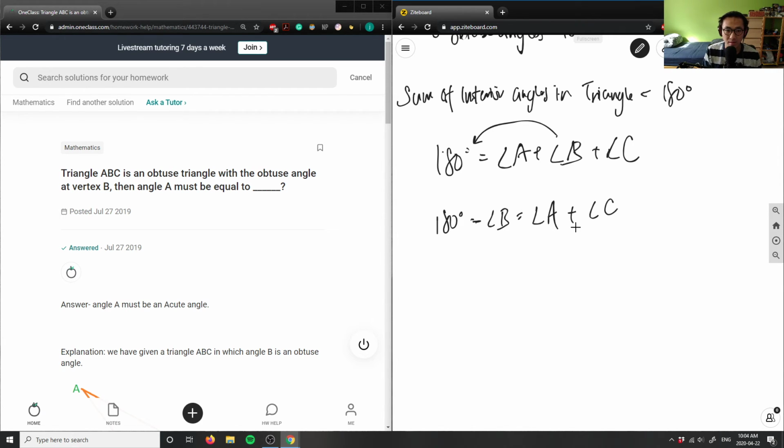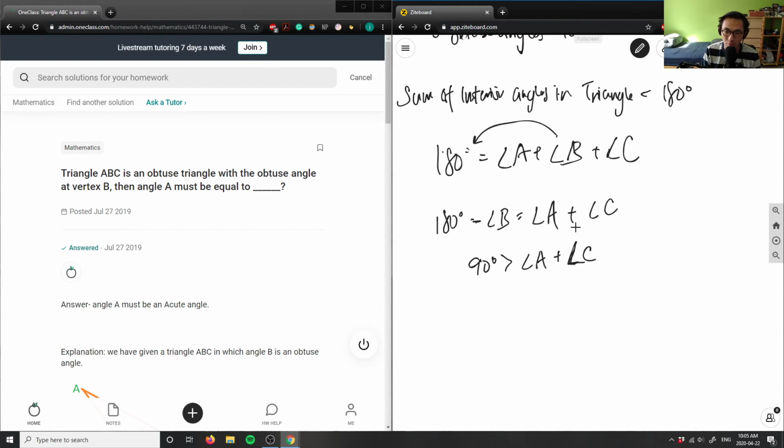So as an inequality, angle A plus angle C has to be less than 90 degrees.